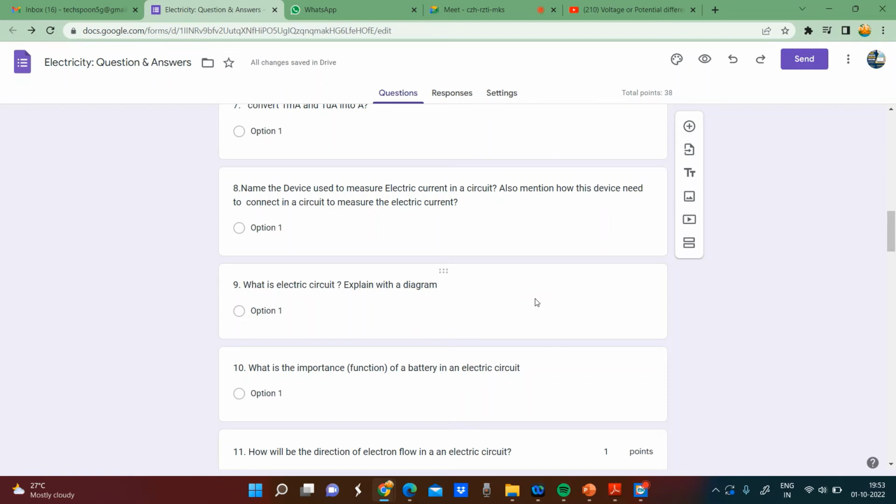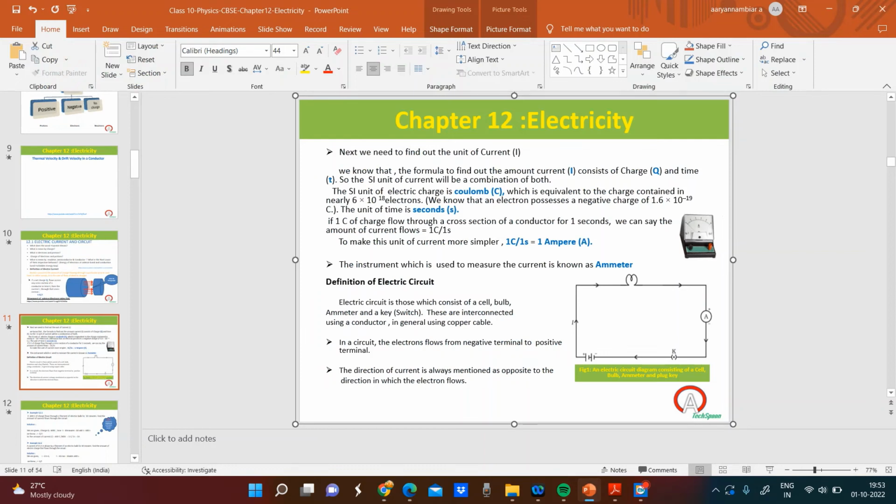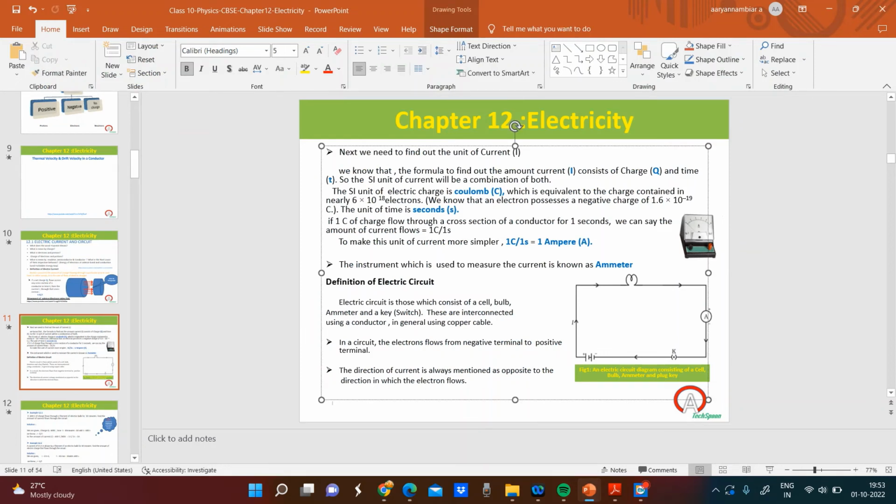Next question. What is an electric circuit? Explain with the diagram. Ninth question: what is an electric circuit? Explain with the diagram. Write down this.